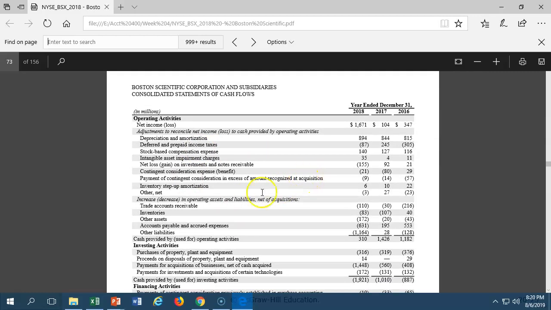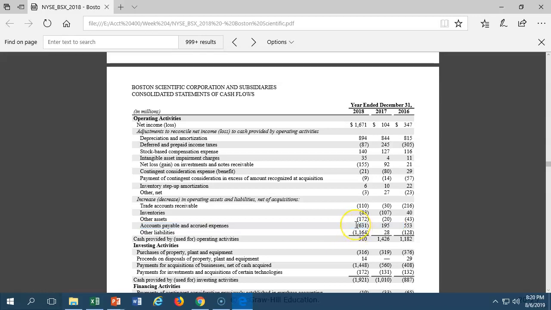Okay, accounts payable and accrued expenses. Let's talk about that line. If it decreased by 631 million in 2018, does that mean accounts payable and accrued expenses increased or decreased from the prior year?